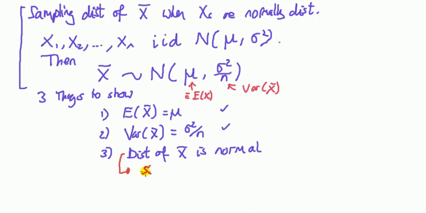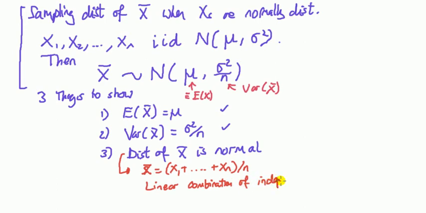X bar is equal to the sum of all these x's divided by n, so basically it's a linear combination of the x's, and we just state that a linear combination of independent normals will again give a new variable, which again will be normal.